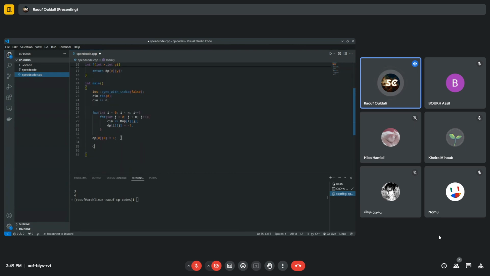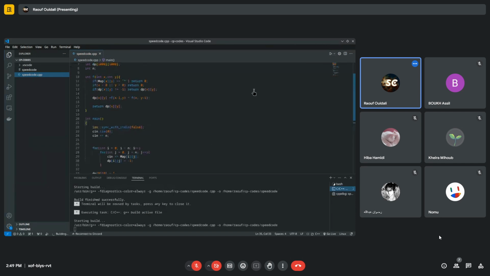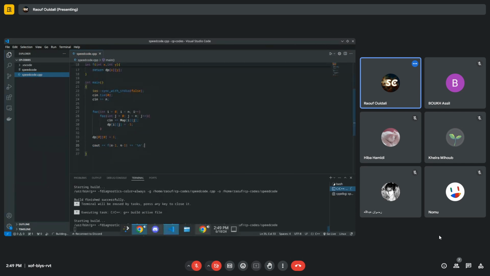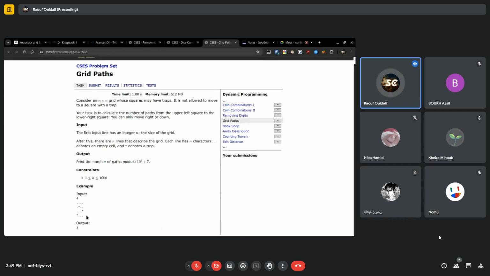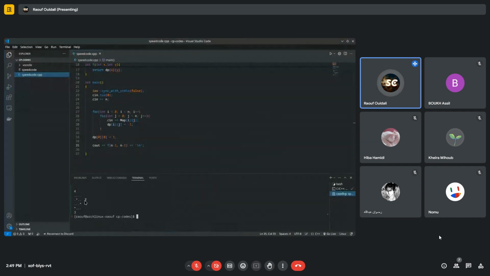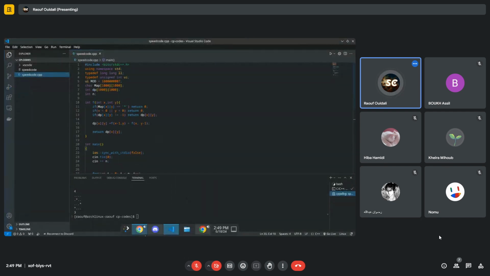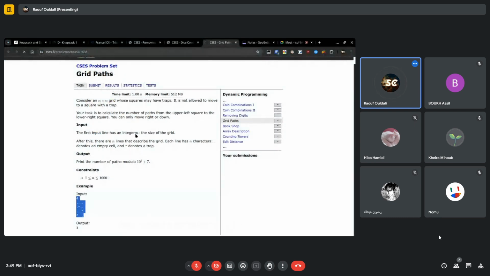Hence the answer is f of n minus 1, n minus 1, and when trying on our example, it gives us the good answer. Let's submit the code.